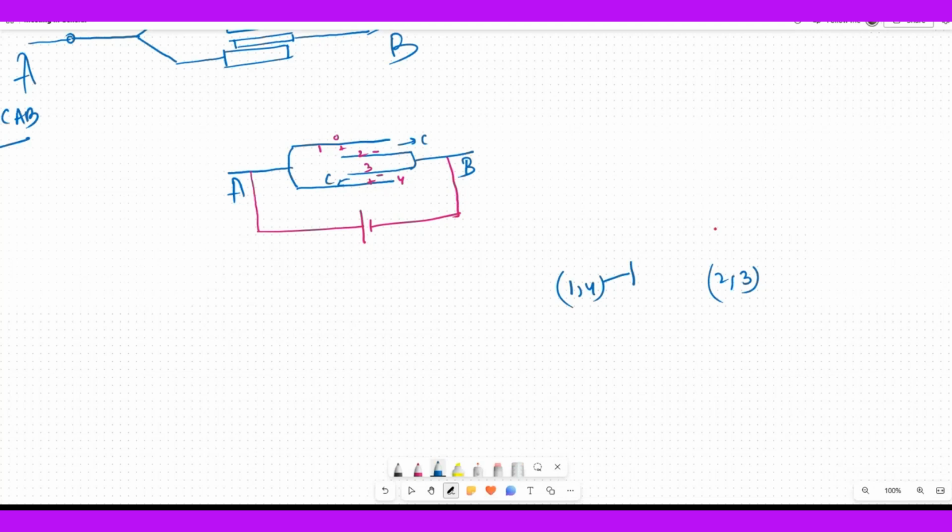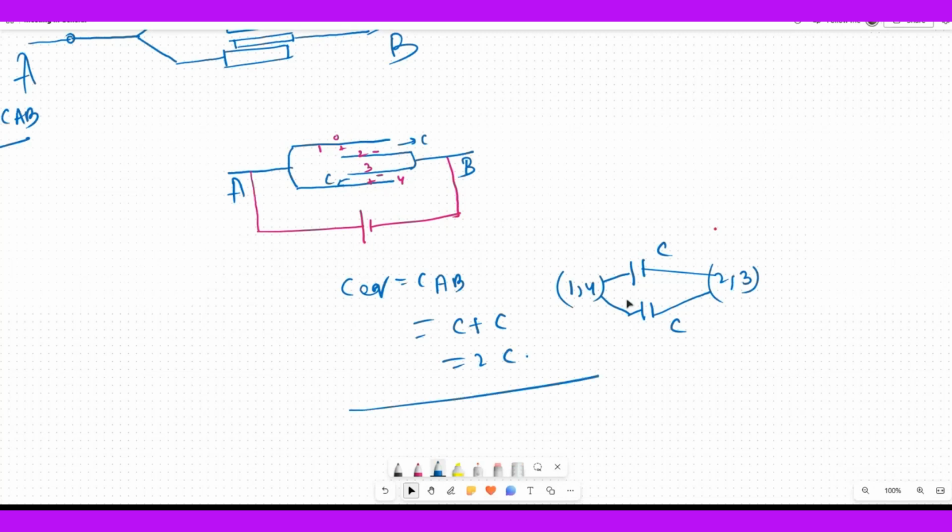So the situation will be like this: between 1 and 2, 1 capacitor, and between 3 and 4, the other capacitor. So this one C, this one C, therefore C equivalent or CAB, whatever you say, is going to be 2C. Hope you have understood the equivalent capacitance between the 2 points A and B.